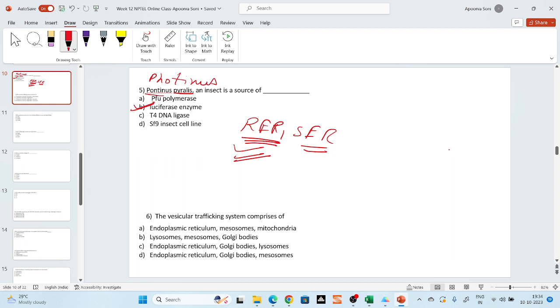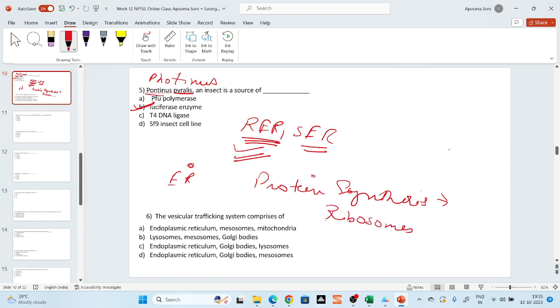Okay, fine. Rough endoplasmic reticulum has ribosomes attached to it, whereas smooth endoplasmic reticulum does not have ribosomes attached. So some endoplasmic reticulum has ribosomes attached. Protein synthesis takes place in the ribosomes.